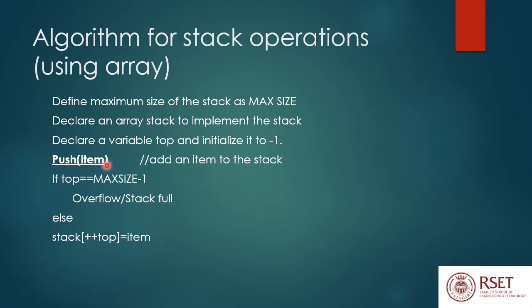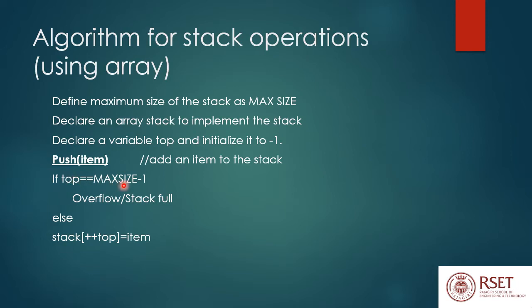So such a case is called overflow. So whenever you want to push an item into the stack, you will check for the overflow condition. That is, do you have space inside? Otherwise, you will not be proceeding with push. You can directly give a message that the stack is full and you are not able to push an element into the stack. So the condition is top equal to max size -1.